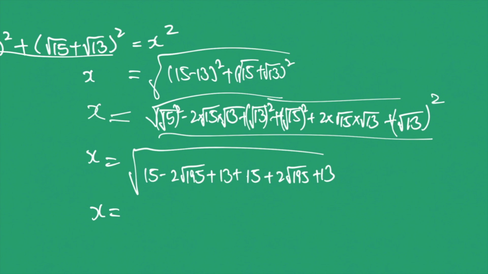Then we can get rid of 2 square root 195 and negative 2 square root 195 because the sum of these two terms is 0. Then we add them together, which we get 56. Square root 56 is the final answer.